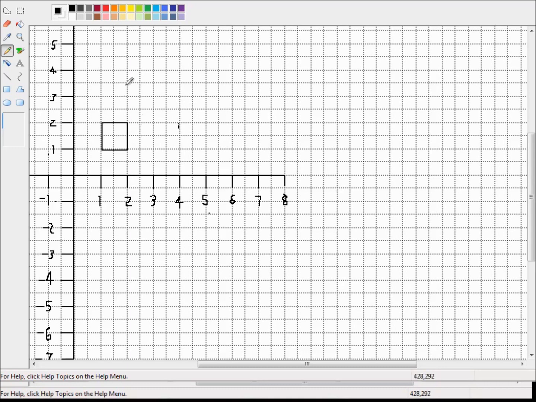So this is 2 and 4 is up here. And then the top right is at 2, 2, so the image will be at 4, 4. Again, I can do that because the origin is the centre of enlargement. So my square, or my rectangle, it is a square actually, then all squares are rectangles, is going to be here. So that's my enlarged square where the centre of enlargement is the origin.